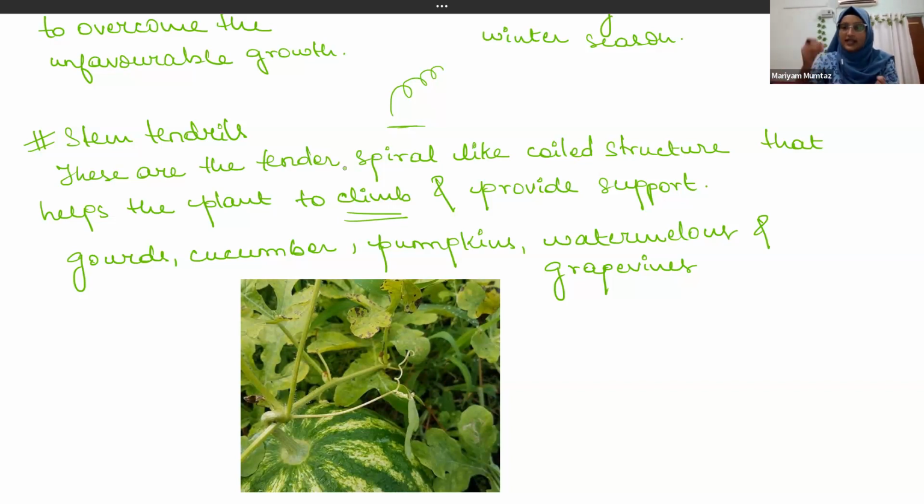How can it be held high from the ground? The plant is going to go down since the structure is so heavy. And one watermelon is not the only thing present on the plant, there are several watermelons, right? So that is why it is an adaptation of a watermelon plant or a cucumber plant. All of these plants adapt themselves in some way so that these tendrils are present.